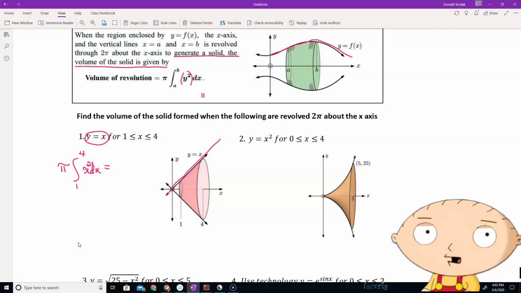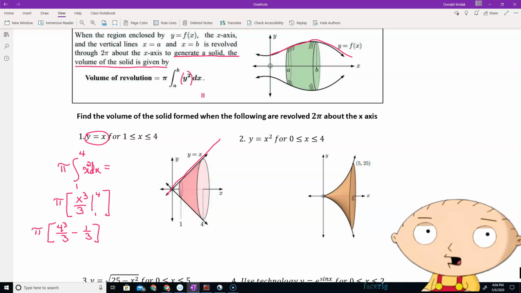So now I integrate that, and I would get pi times the integral of x squared, which is x cubed over 3. And I'm going to evaluate that from 1 to 4, and then when I'm done, multiply that by pi. So I get 4 cubed over 3 minus 1 cubed over 3 times pi.